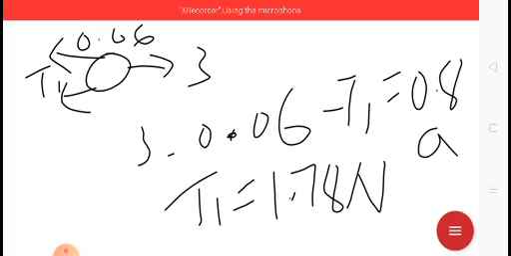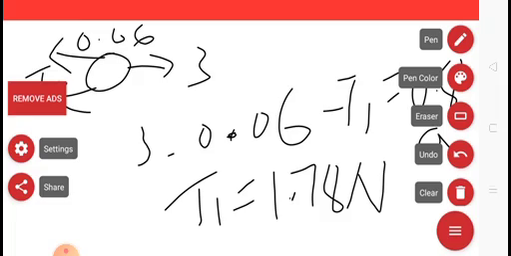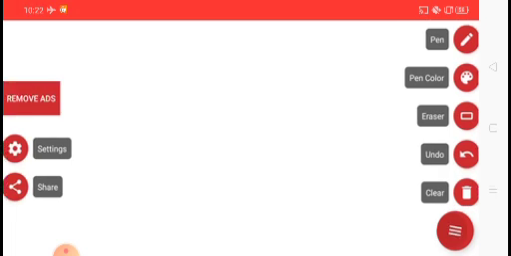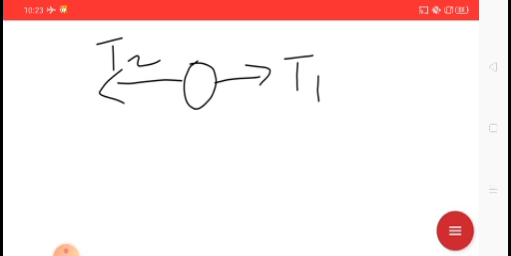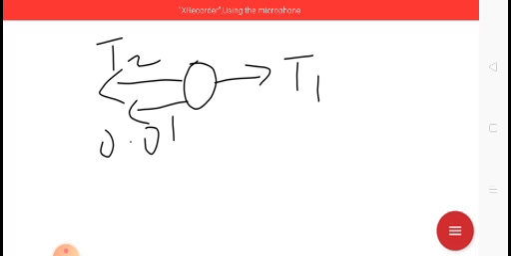By doing it in a similar way, for the coupling between the first truck and the second truck, I draw the trucks. You have T1 here and T2 here. T2 is between the first truck and the second truck. And don't forget you have a 0.01.